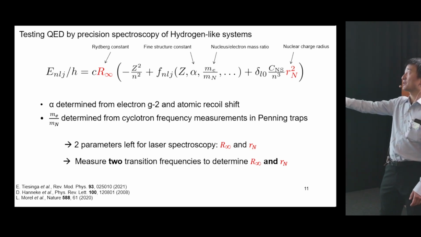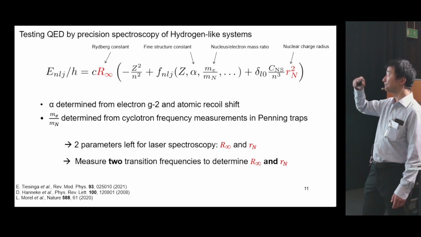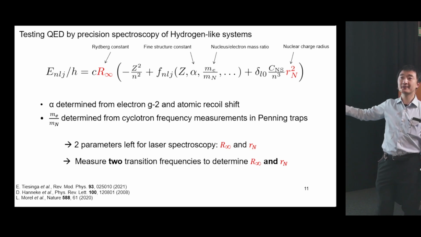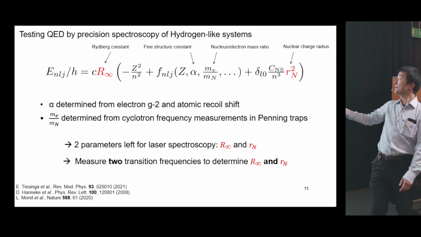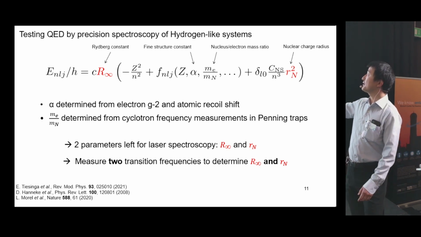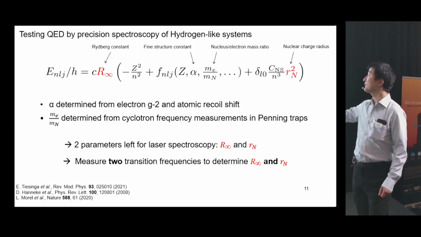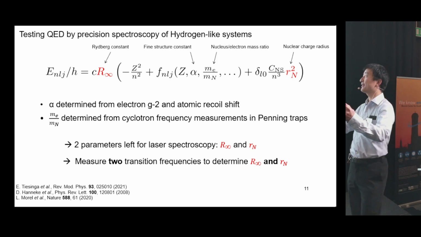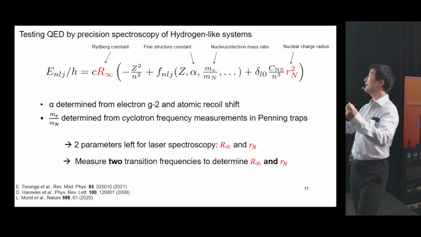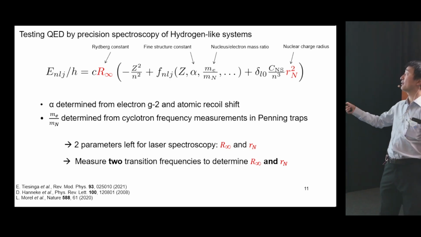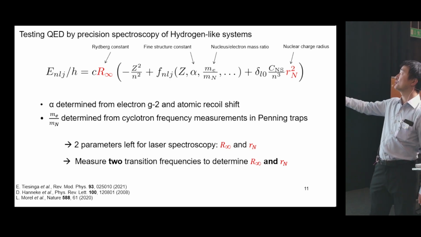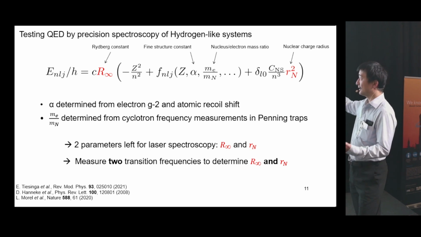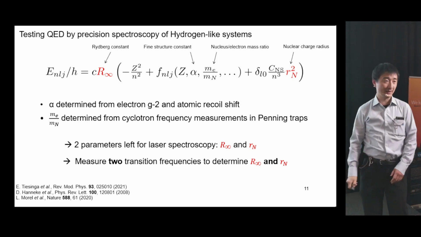That's one of the interpretations of this Rydberg constant. Then the fine structure constant describes the strength of the electromagnetic interaction. Also, we need a nucleus-electron mass ratio to account for a recoil effect. If the electron moves, then the nucleus has to take its recoil, and the strength of this recoil is parameterized by this nucleus-electron mass ratio. And the charge radius is the contribution that I just described.